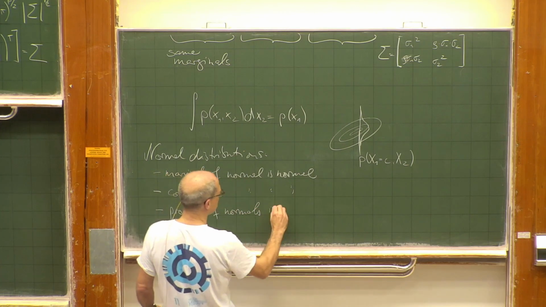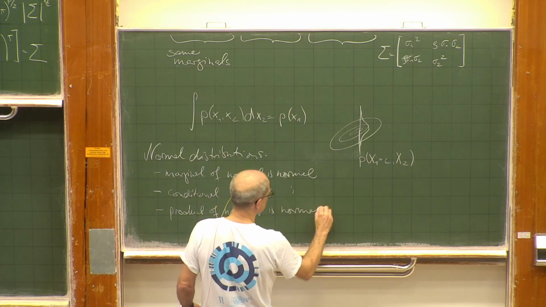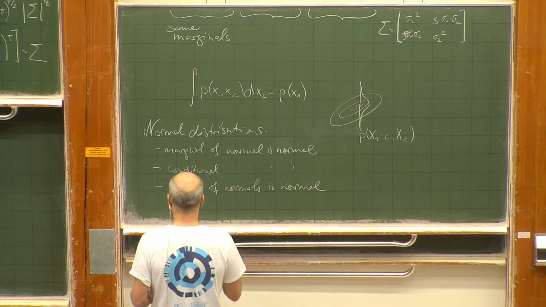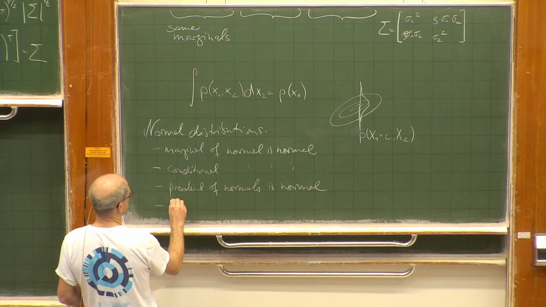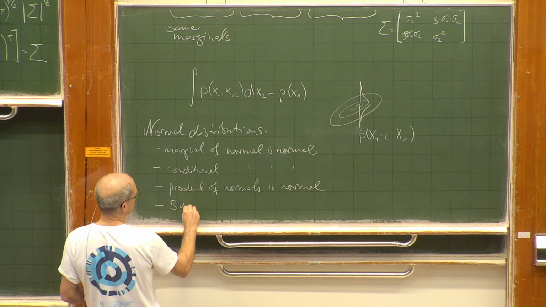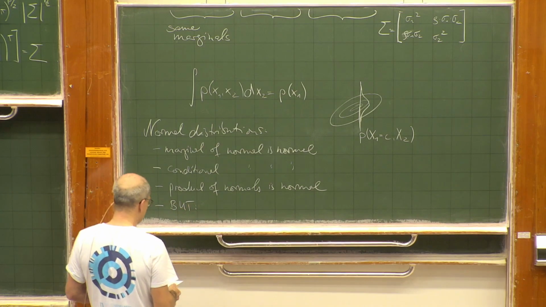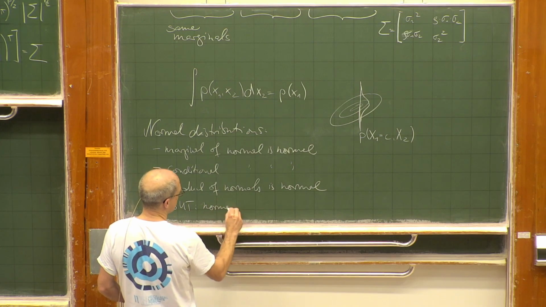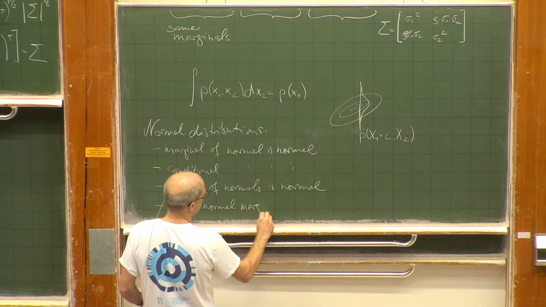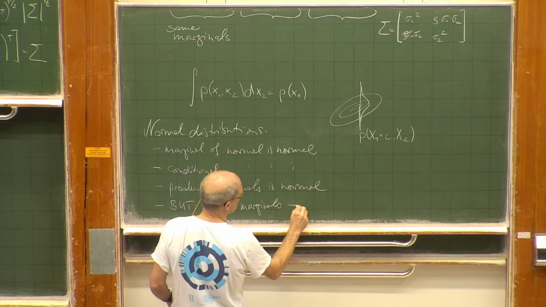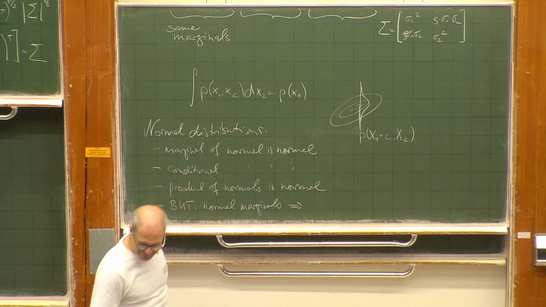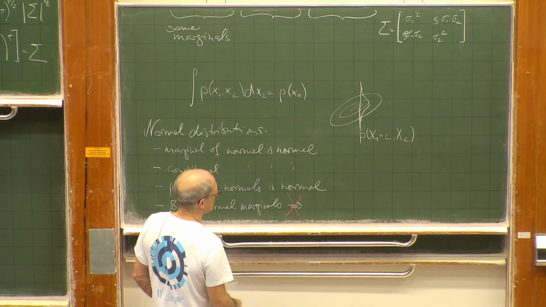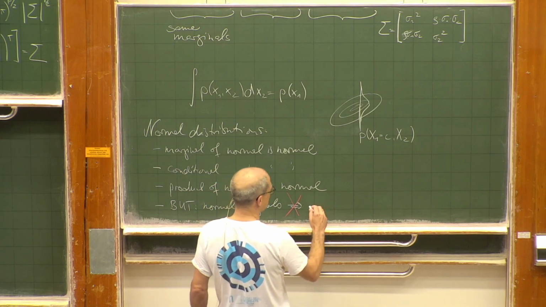Product of normals is normal. Now comes the but. And that's what the picture here wanted to show, that normal marginals do not imply a jointly normal distribution.